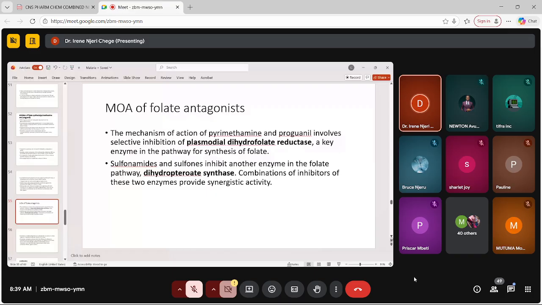Now, halofantrine and lumefantrine are amino alcohols. This one, halofantrine, let me write here. It's an amino alcohol, like lumefantrine, which we said is our standard national cure.